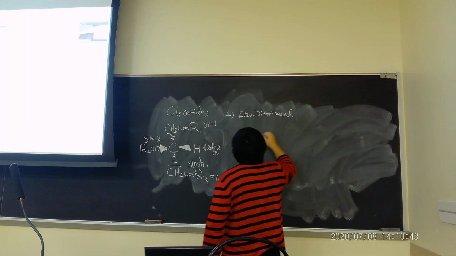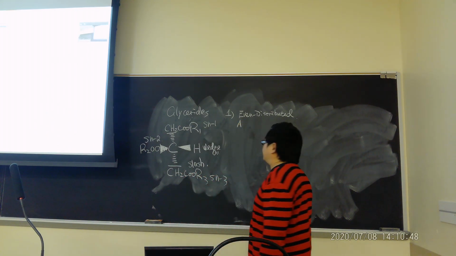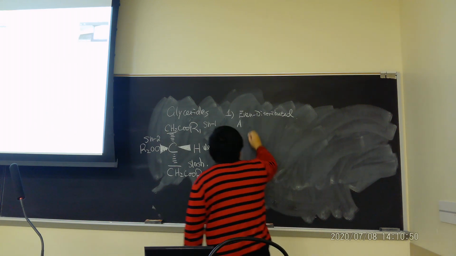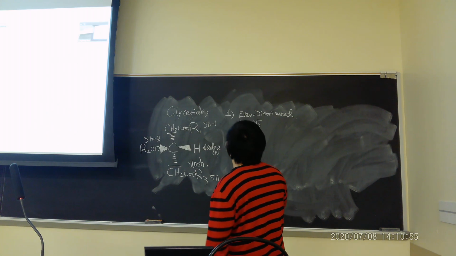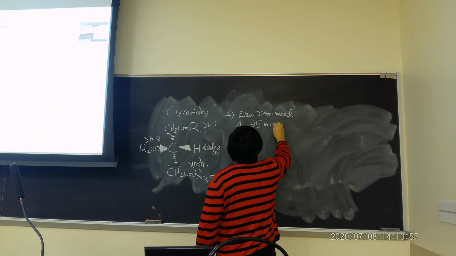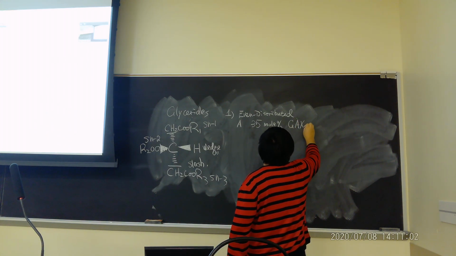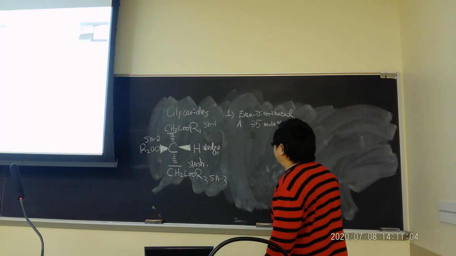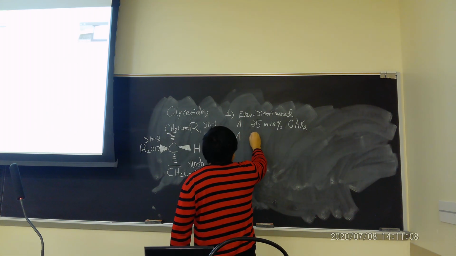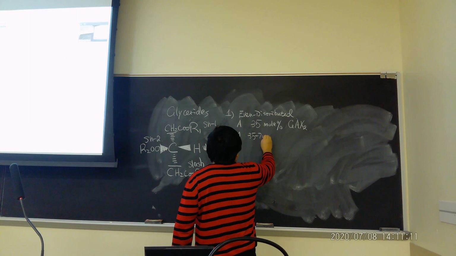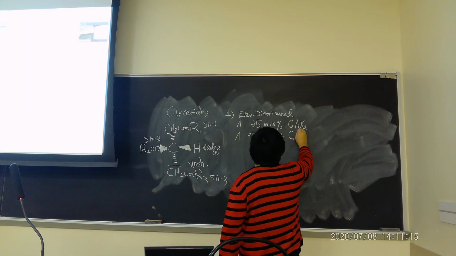So what does that mean? Let's say I have a fatty acid attached to it, A. If this A component is 35 mole % or less, then it will become GAX2, where X means the other fatty acids. If this A component is 35 to 70 mole %, then it becomes GA2X.